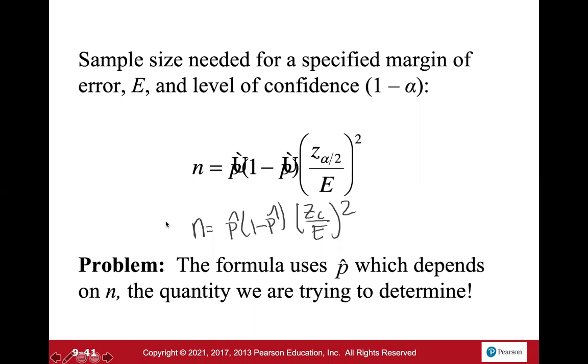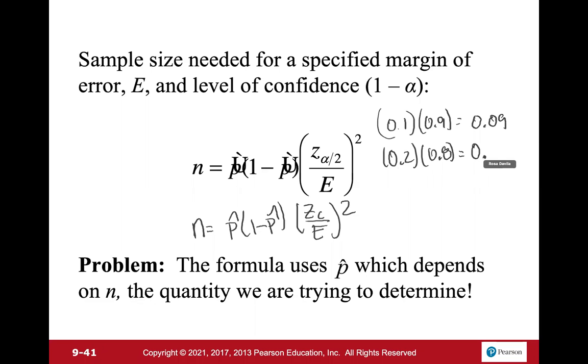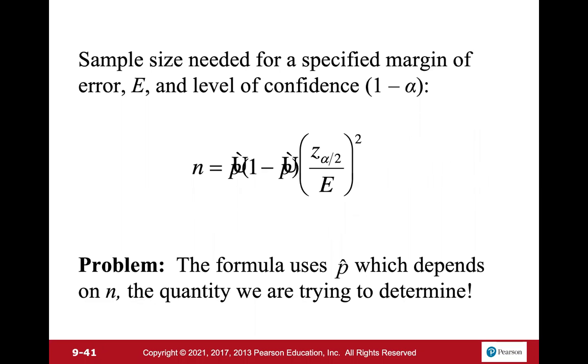If you grab your calculator and look at all the different ways we can multiply numbers, if we multiply 0.1 times its complement, 0.9, that gives us 0.09. 0.2 times 0.8 gives us 0.16.